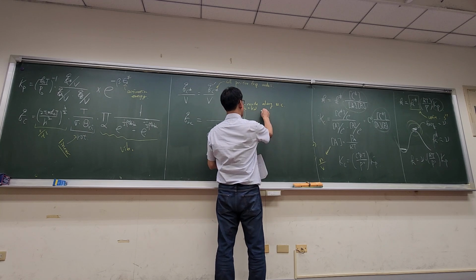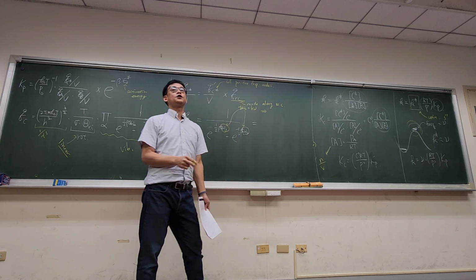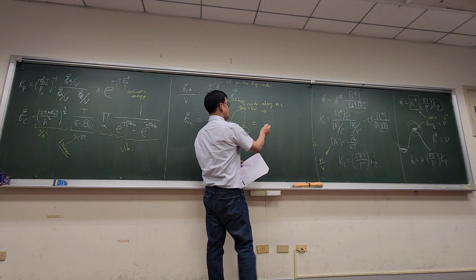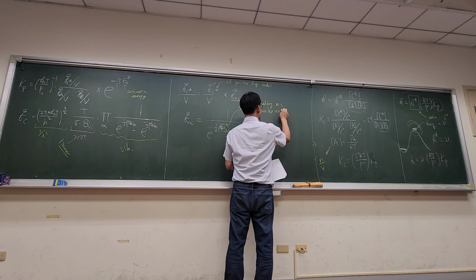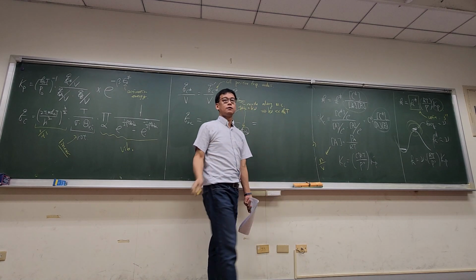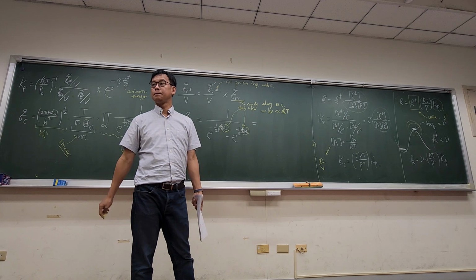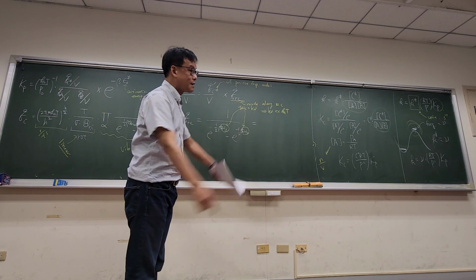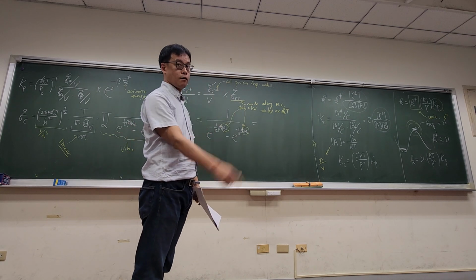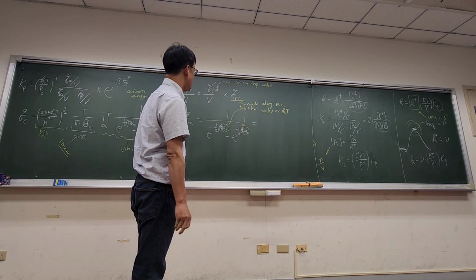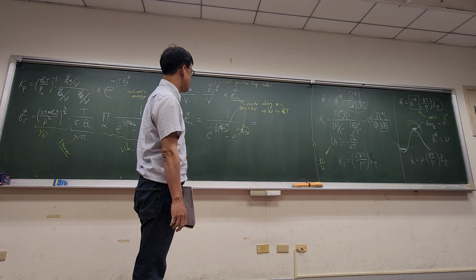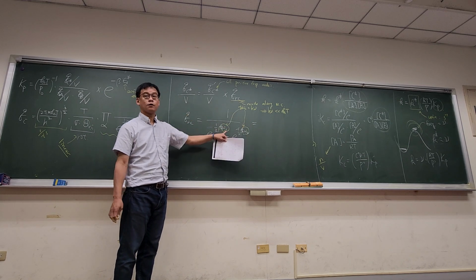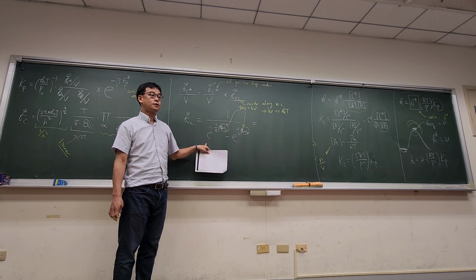But then we further assume this frequency is very small. So we further assume h nu is much smaller than kBT, the thermal energy. This is an assumption that puts in an energy scale for this mode. So if this is true, this is a very small number, we can expand the exponential, right?